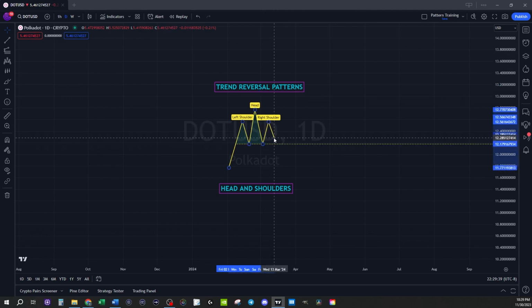We can let the tool draw out the neckline for us, the same as we did with the triple top. And of course, you guessed, the inverted head and shoulders is a bullish reversal pattern. Again, the same principles, just in reverse.